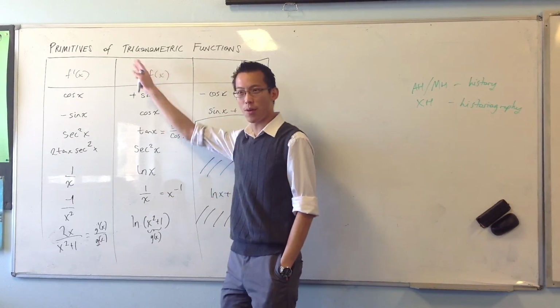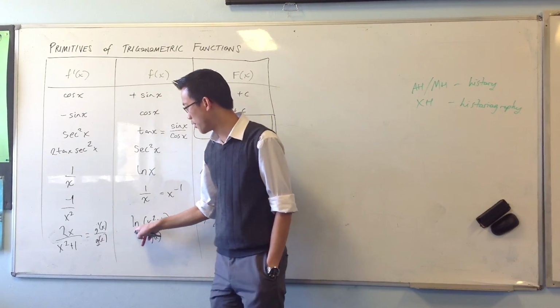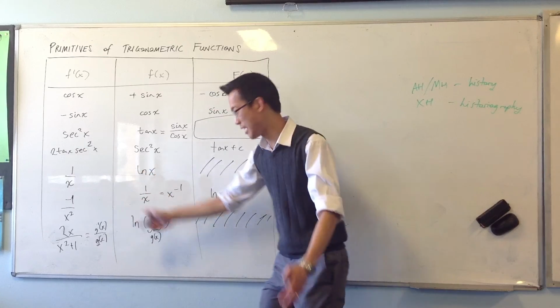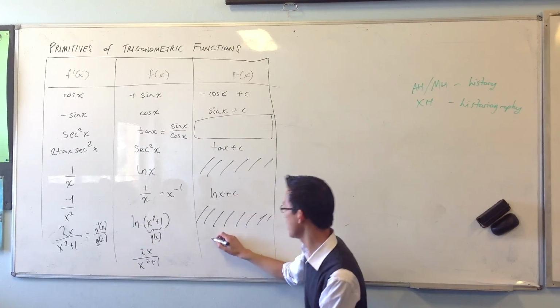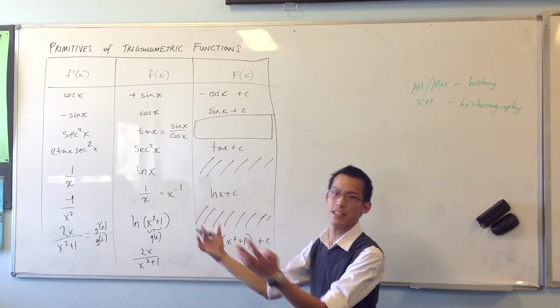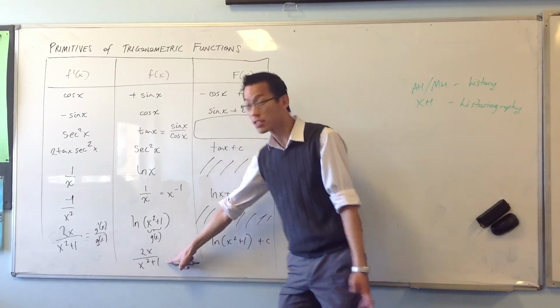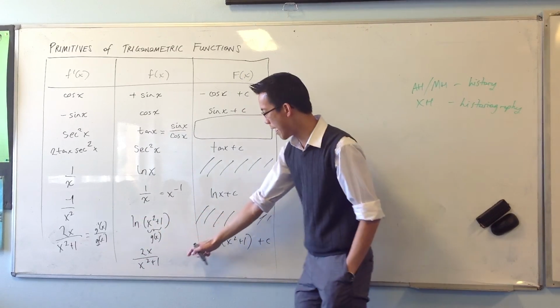Can you see how I've been going down this table, right? If I can say the derivative of this is this, therefore I can say the primitive of this is this. Because I'm anti-differentiating. I'm just thinking, okay, where did this come from? Well, it's in this particular unusual format.